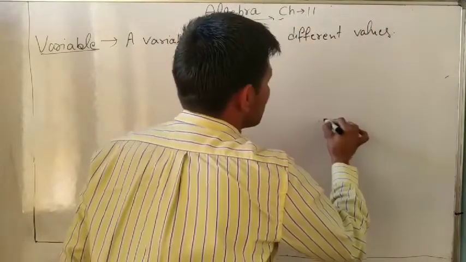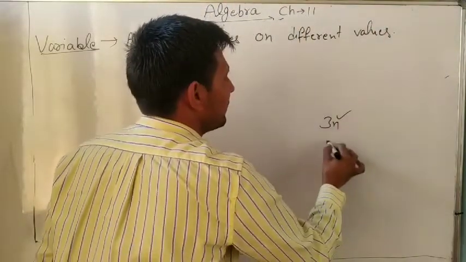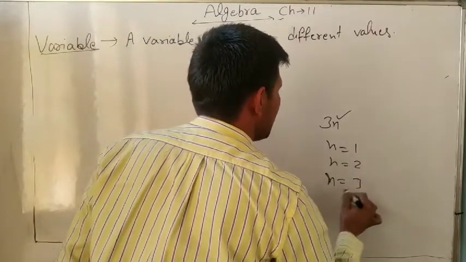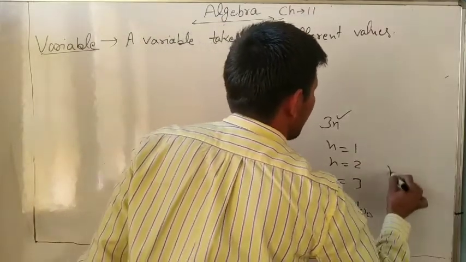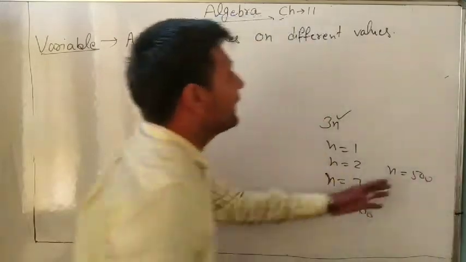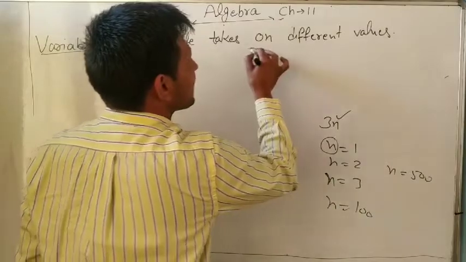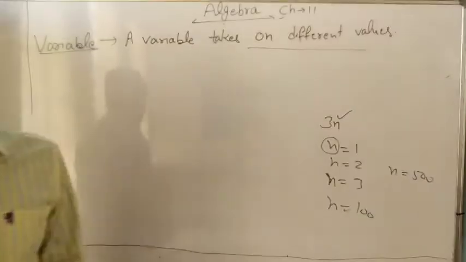Different values means, suppose 3N. N may be 1, N is 2, N is 3, N is 100, N is 500. Any value, so it means a variable. So N is a variable. So it takes different values.